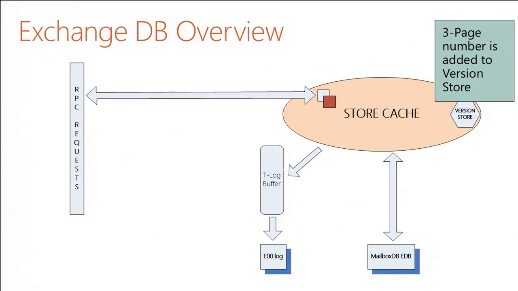On Exchange 2003, or 2000, or 5.5, for those old enough, it was very common to see event 623, which is version buckets is full. Normally it was backup operations, because one of the key characteristics of the version store is that the longest running transaction will only go out when it completes, and everything that came after has to wait for the longest to complete.